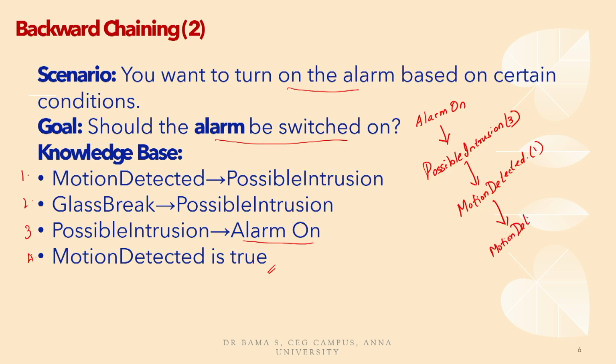Motion detected is true, which implies it is present inside this knowledge base. So, since it is present in this knowledge base, the alarm should be switched on. So, the conclusion is the alarm should be on. This is how backward chaining works.